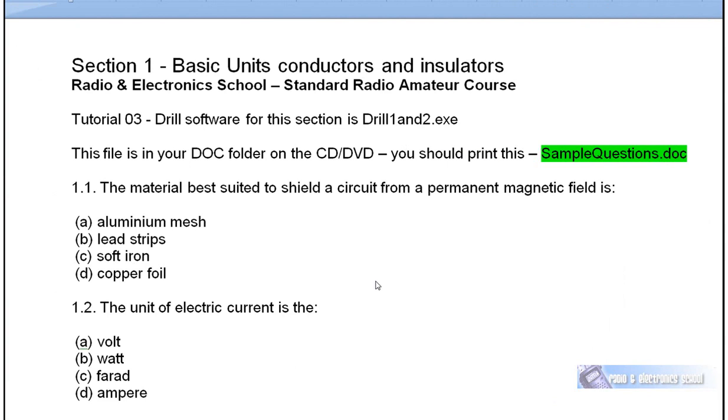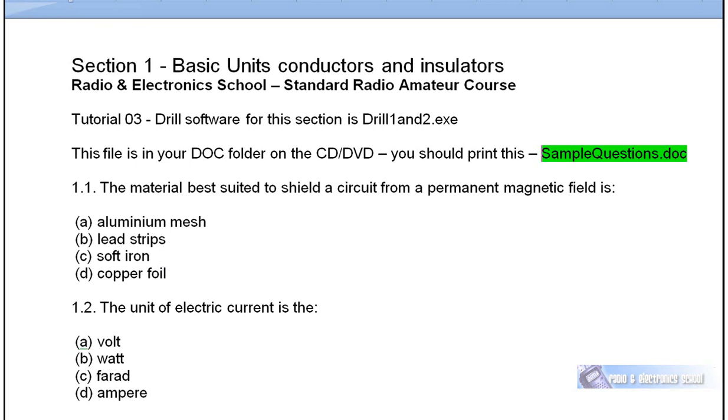Question 1.1. The material best suited to shield a circuit from a permanent magnetic field is... Well, remember we were talking about the buzzer and the coil of wire and how we would have to shield that magnetic field from other components inside a transceiver, and the material we use for that is soft iron.